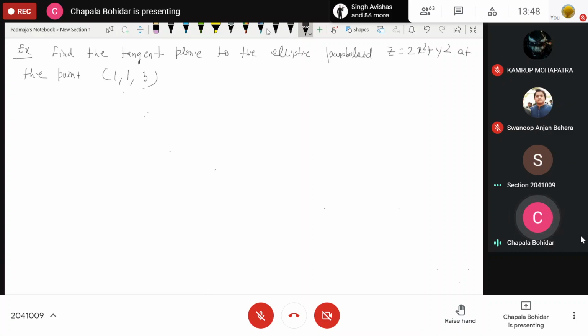You have your formula, and x0, y0, z0 is this one. You have to find out fx of x0, y0 and fy of x0, y0 at this point. And then you write down your equation of the tangent plane.